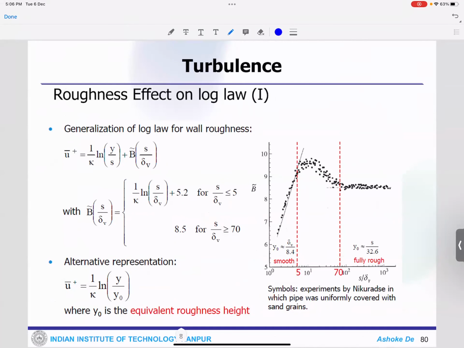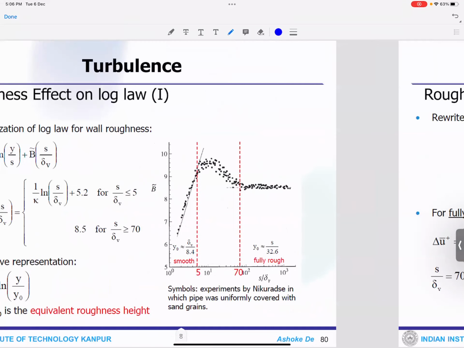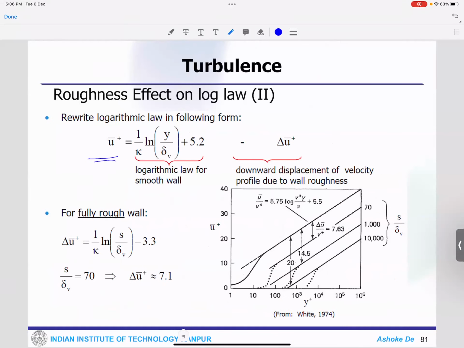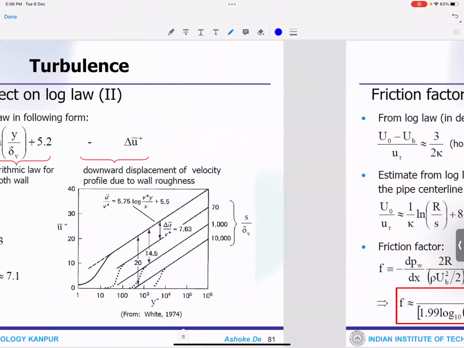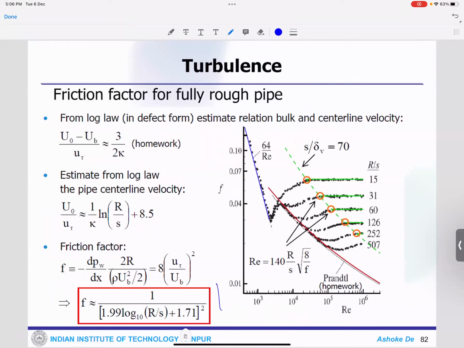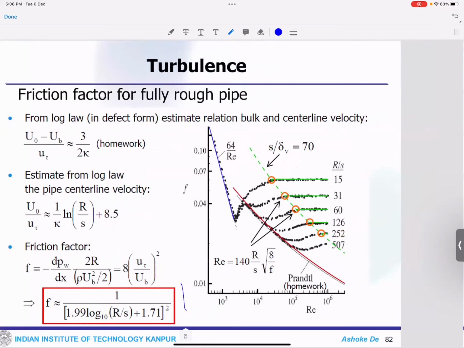And this is how you get the U plus, which is connected with your constant and things like that. In the rough zone, there would be a friction factor that you can estimate here. So the idea here is that you try to see the effect of this roughness, how much roughness can create an extra bit of turbulence, and how they are going to be affecting the system.